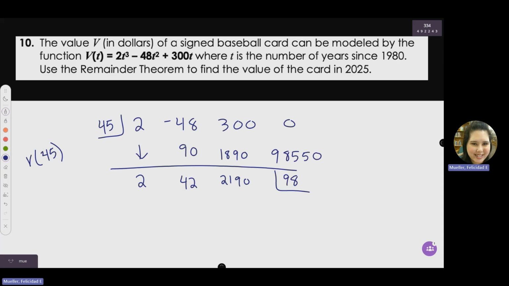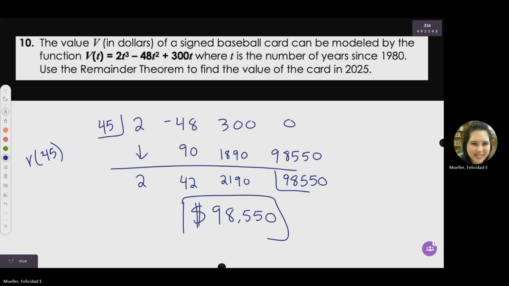So my remainder is 98,550. So that card is now worth $98,550. Pause as needed.